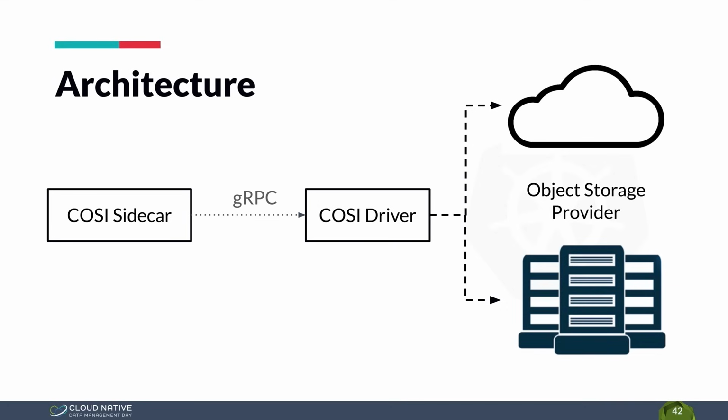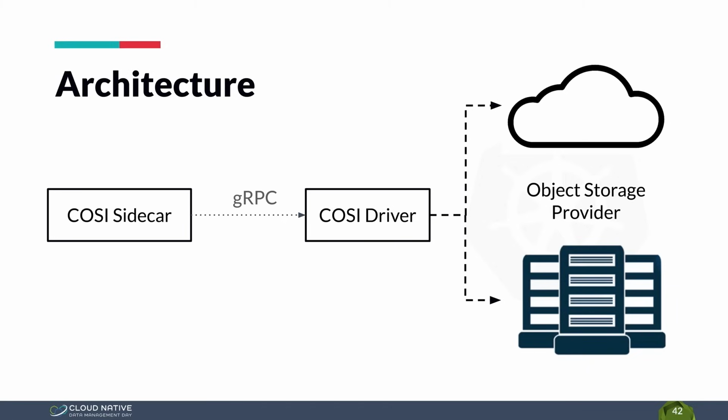So if the provisioner is S3, then the sidecar for S3 would respond. If the provisioner is MinIO, then the sidecar for MinIO would respond, but they won't overlap. Say you're in an S3, Amazon environment: the sidecar would take that request and translate it into a gRPC call to the Amazon COSI driver, which would then call the necessary AWS APIs to provision buckets and so on.